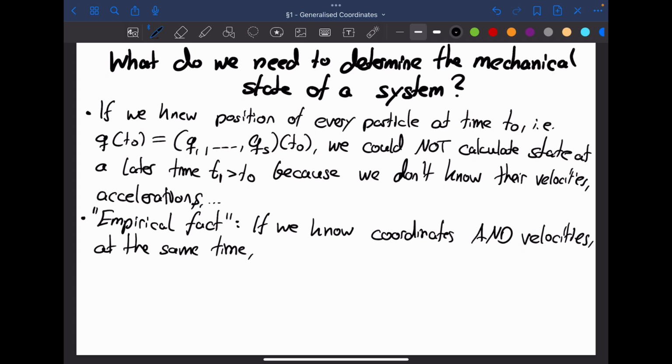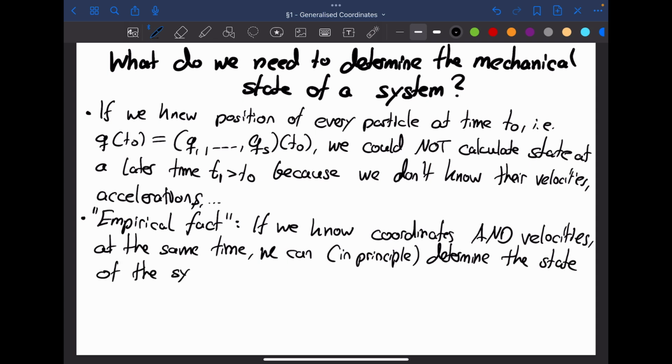They have to be at the same time. Then we can, in principle at least, determine the state of the system at all later times.